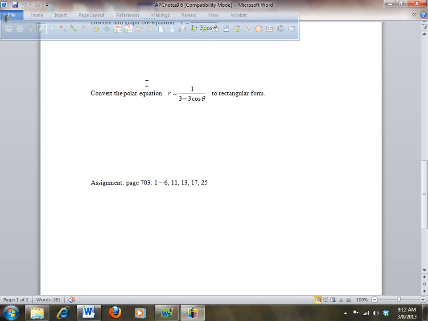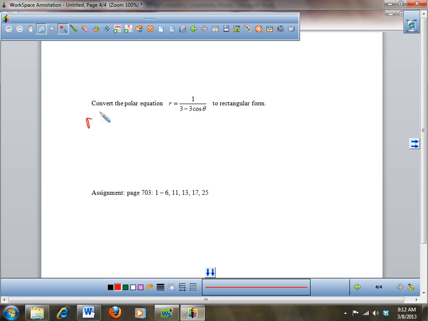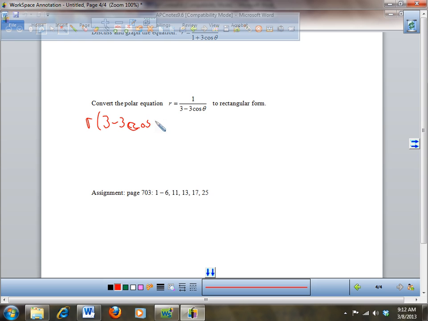So you just multiply through by 3 minus 3 cosine theta, and you get r times (3 minus 3 cos theta) equals 1, and then distribute through the r.